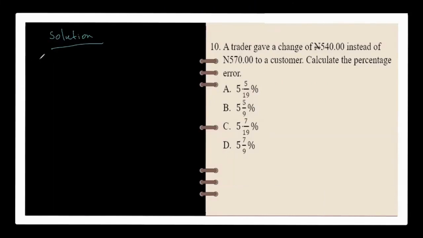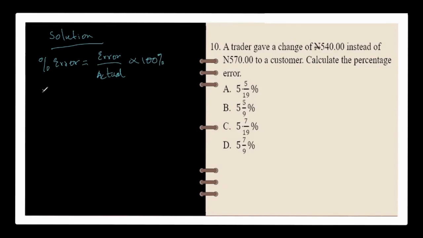Question number 10. A trader gave a change of 540 naira instead of 570 naira to a customer. Calculate the percentage error. Now, this is the formula for percentage error: error over the actual amount times 100%.